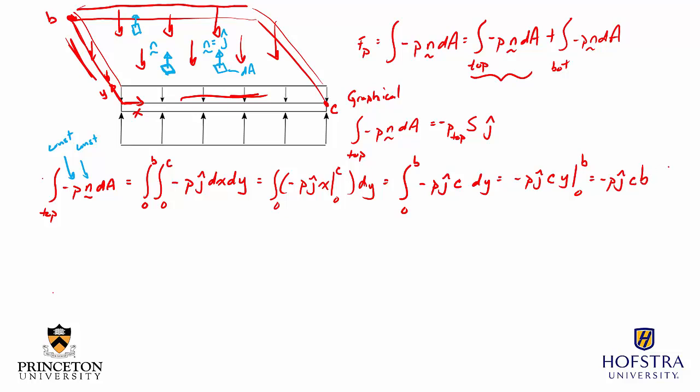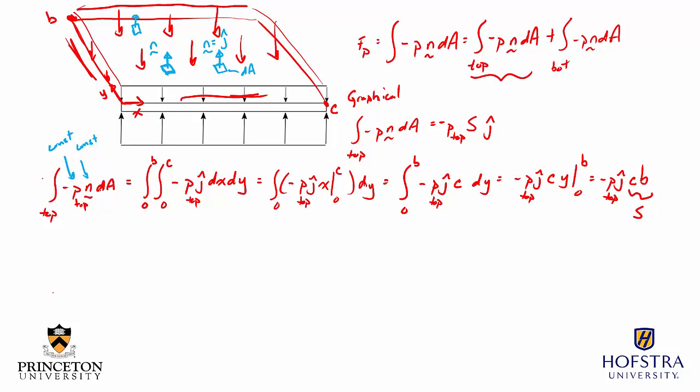Just to be clear, we were talking about the pressure just on the top, so I should put p top everywhere. I can also notice that the value of c times b is just the overall wing area, which we had given the symbol s.